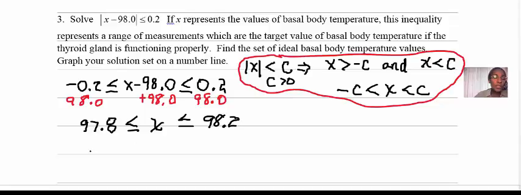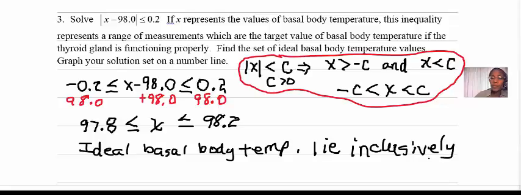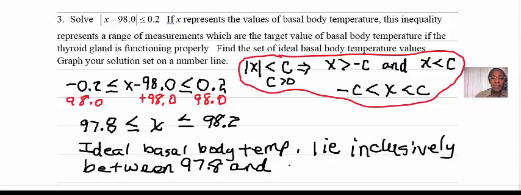So what this really means in light of what the problem is discussing is that ideal basal body temperatures lie inclusively, meaning we're including the 97.8 and the 98.2, between 97.8 and 98.2.